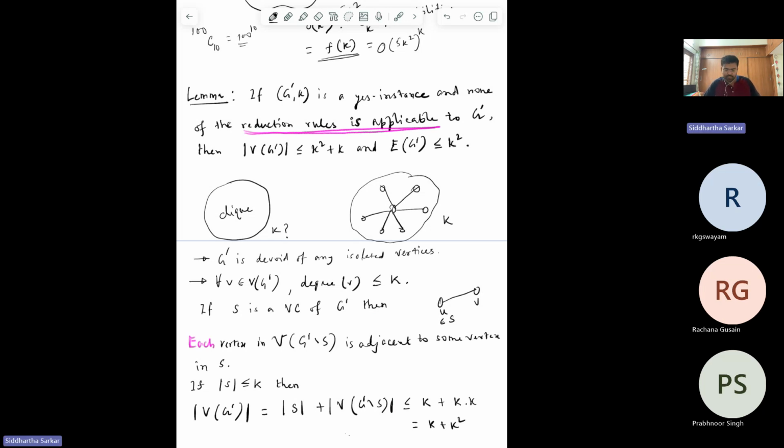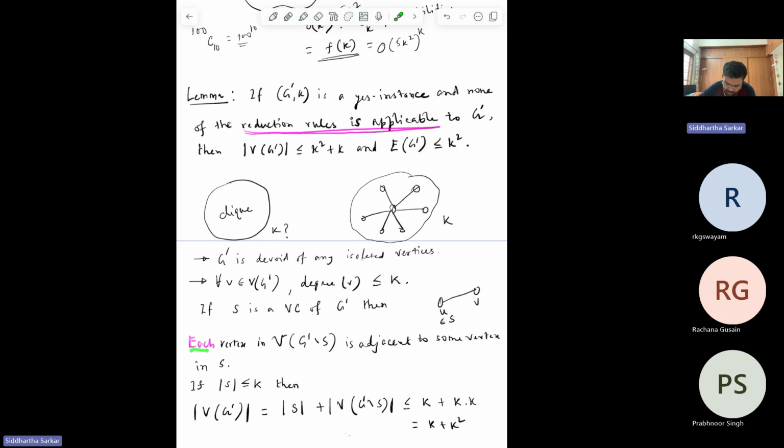Why is that so? I'll say the argument again. If S is a vertex cover of size at most k, then the number of vertices in S is at most k. That is straightforward.